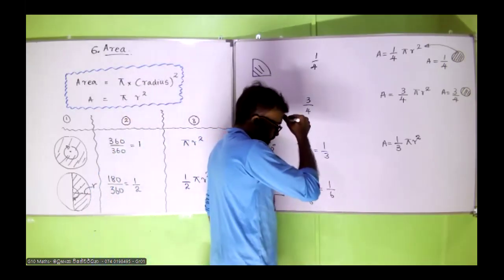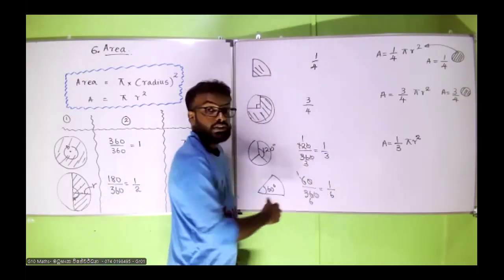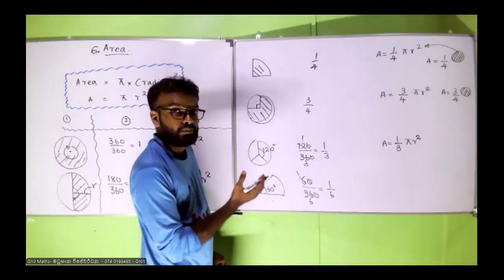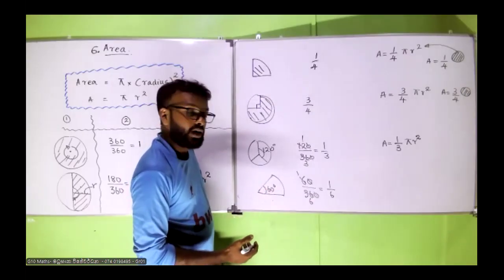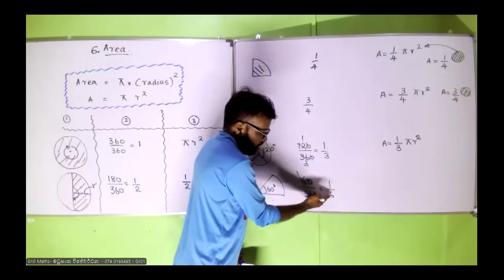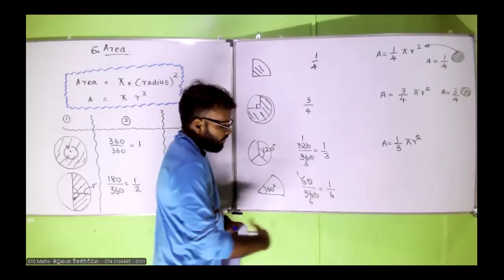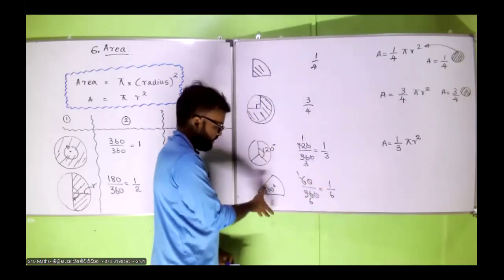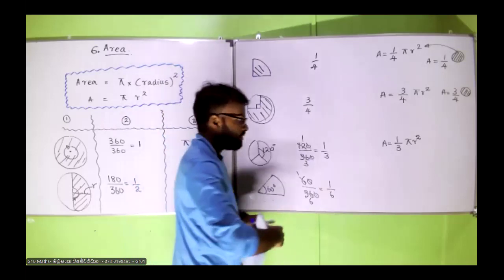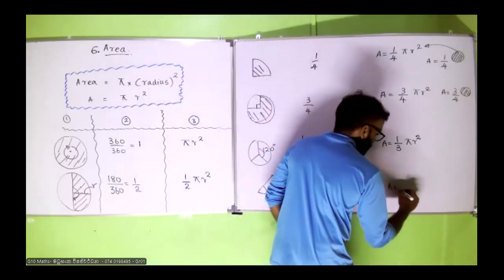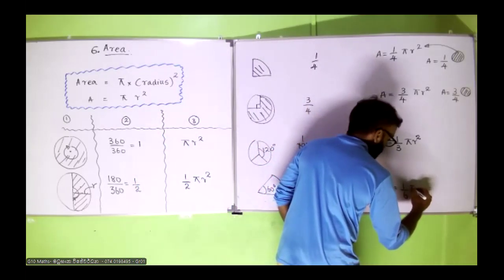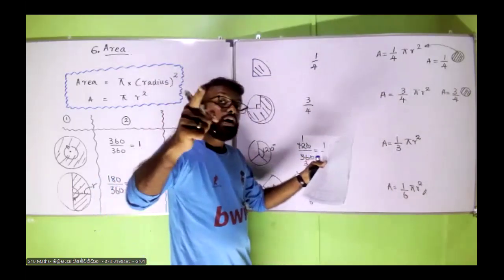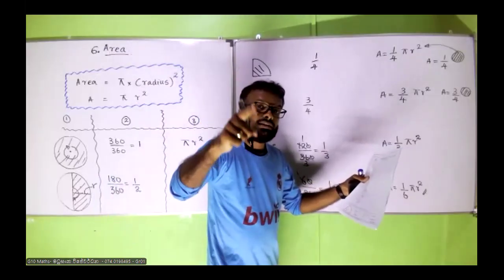If we divide the full circle into 6 equal parts, this is one part out of that. The full circle has been divided into 6 parts, and we have taken one part out of that. This is the sector, right? So the area is equal to 1 upon 6 πr squared.